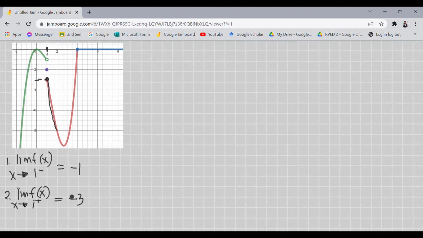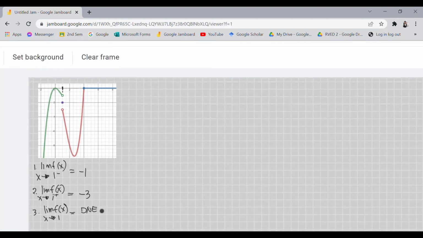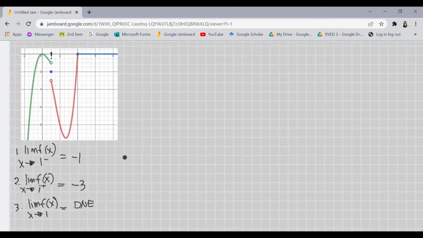And based on that fact, okay, since the left-hand and the right-hand limit are different, for the limit of the function as x approaches 1, your answer is the limit does not exist. Why? Because your right-hand limit and your left-hand limit are not equal.